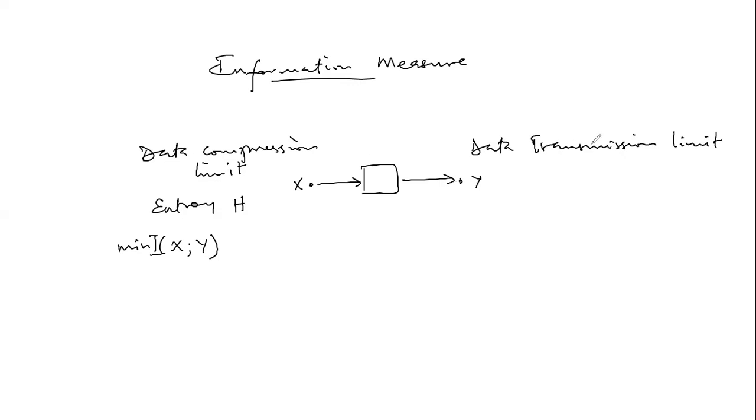And that the data transmission limit actually describes the capacity of the channel. And here, we also said that this capacity mathematically is described as the maximum value of the mutual information.